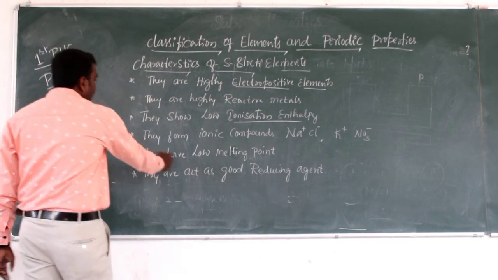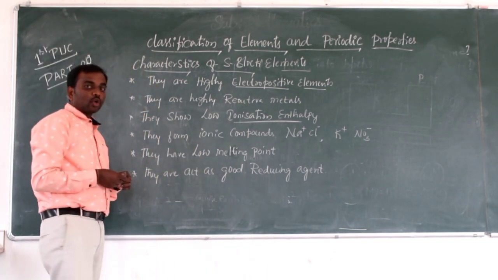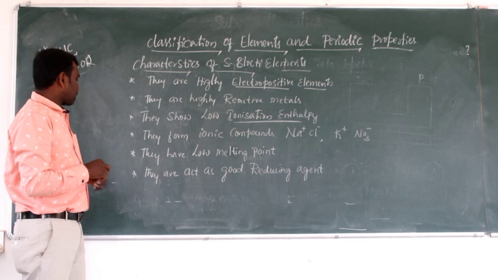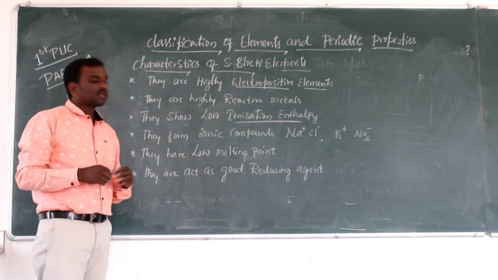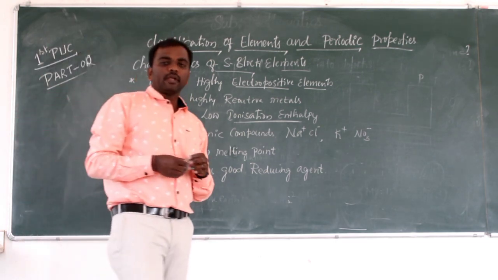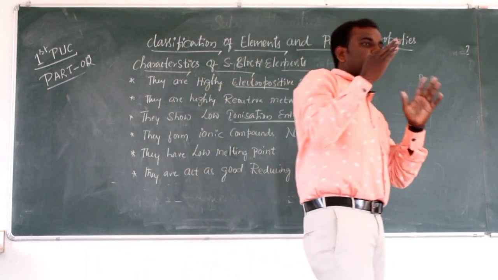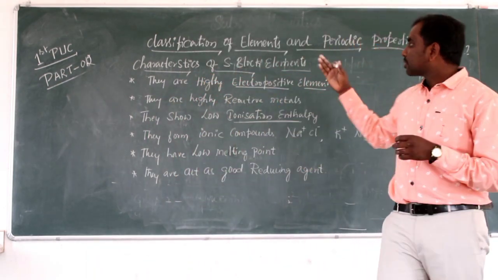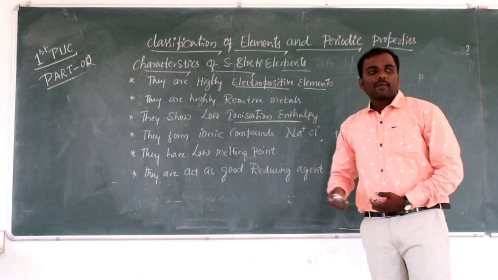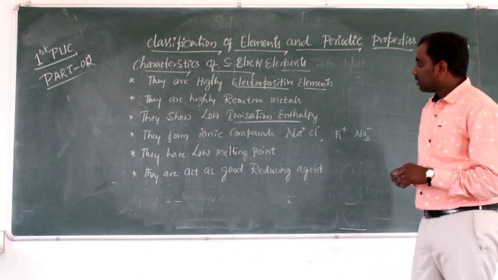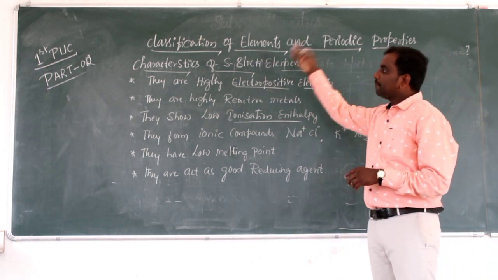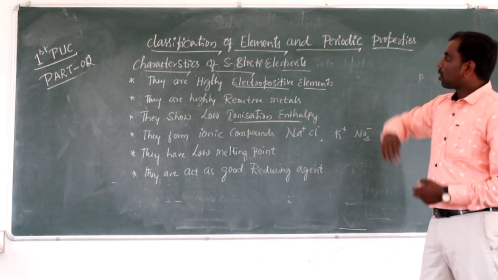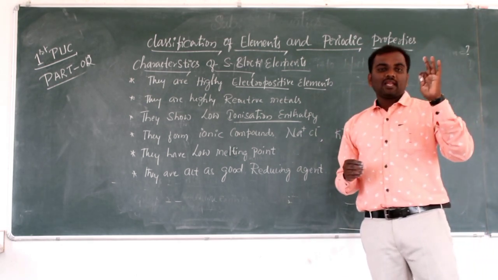And they have low melting point. Low melting point ಇರತಕ್ಕಂಥದ್ದು, and they act as good reducing agents. Good reducing agent ಗಳಿಗೆ ಆಕ್ಟ್ ಮಾಡತಕ್ಕಂಥದ್ದು is S group elements ಗಳು ಆಗಿರುತ್ತವೆ. Is it clear? Okay, these are some important characteristics of S group elements.